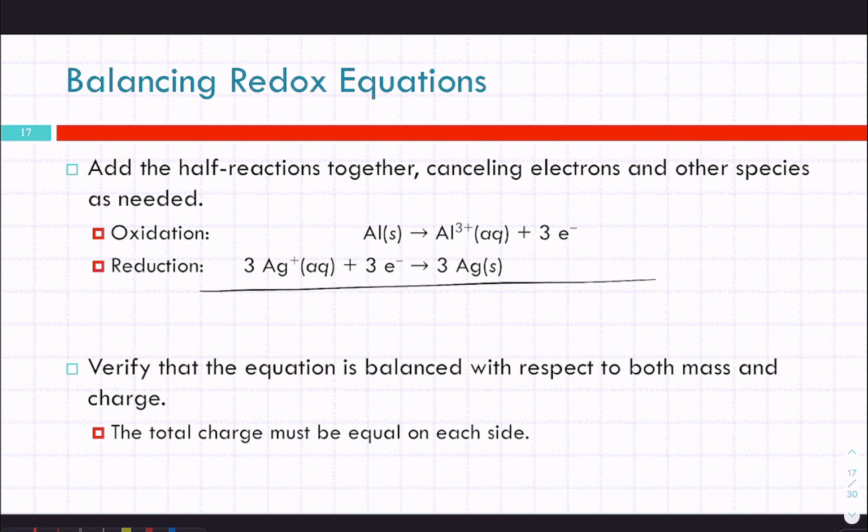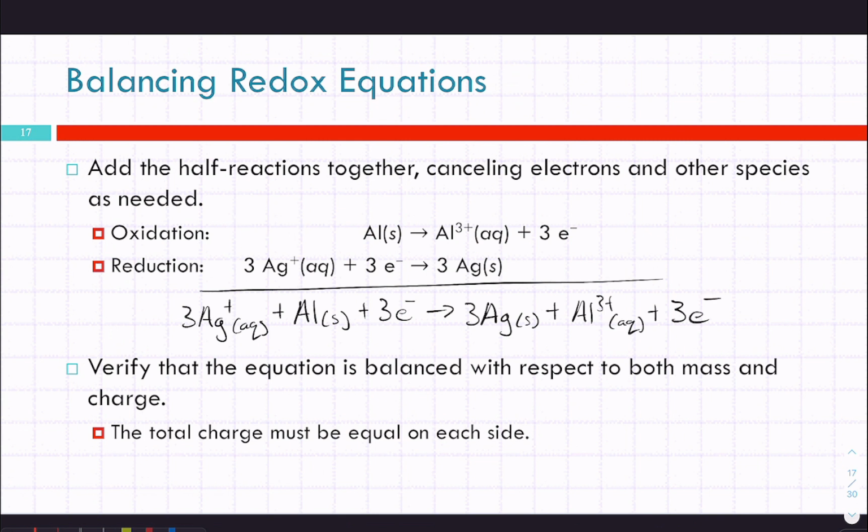So if you want, you can write a line like this, and we're going to do 3 Ag+ plus, and again, the order here doesn't matter all that much, aluminum solid plus 3 electrons. And then our other side of the equation is going to be 3 Ag solid plus Al3+ plus 3 electrons.